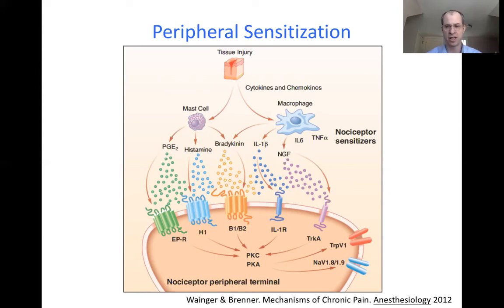But again, I should say that peripheral sensitization largely occurs through phosphorylation of existing proteins, and through modification of trafficking of proteins, and to a lesser extent, involves transcriptional changes in the synthesis of new proteins.